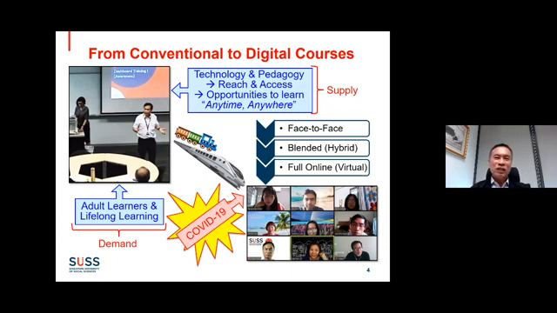Advances in technology have made it possible for us to put materials online, readings online, lectures online, and for us to do teaching online and to have interaction online. So this is the supply side. And there are also advances in pedagogy, which help us understand how we can make learning better online.